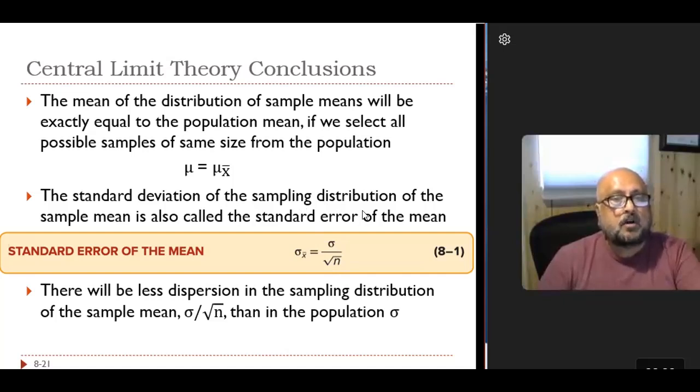The standard deviation of the sampling distribution, we call the standard error of the mean, sigma x bar. The formula is sigma divided by the square root of n.